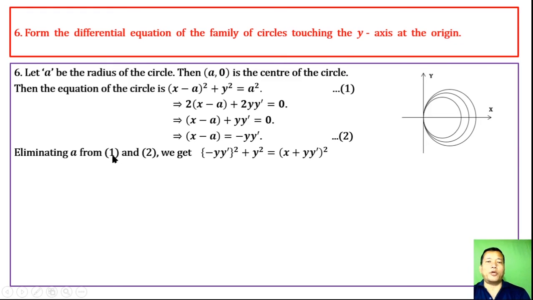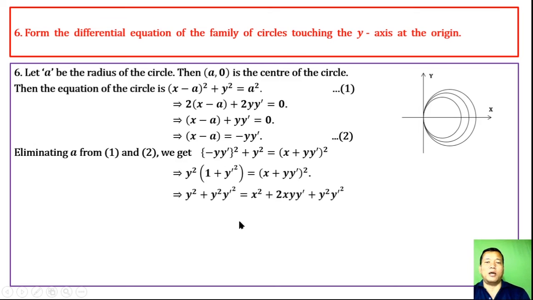Eliminating a from equation 1 and equation 2, and solving for a, we get x plus y y dash, whose square is a square. Expanding and transferring, we get the required differential equation of the family of circles.